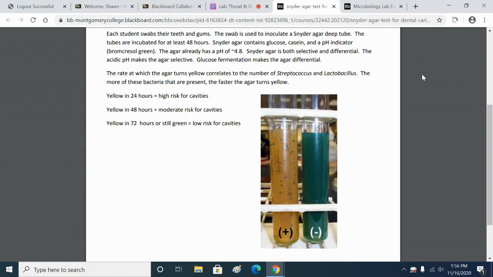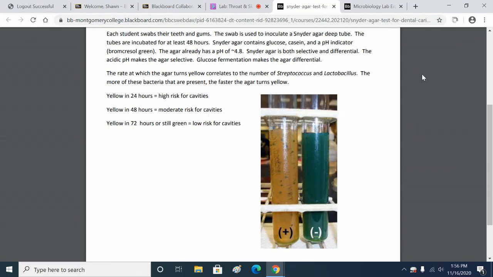So maybe you're someone who's fastidious and you brush your teeth after every meal. So maybe you brushed your teeth right before class, so your teeth were nice and clean. So there are possible factors that can affect these results, which is why I said it's just suggestive as to your relative risk, but it does depend on what you did right before you swabbed your teeth.